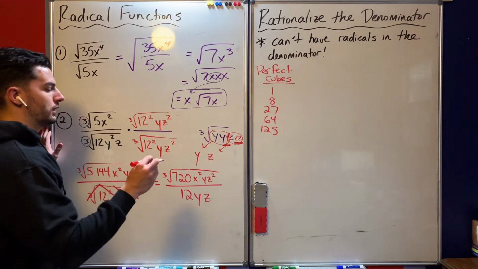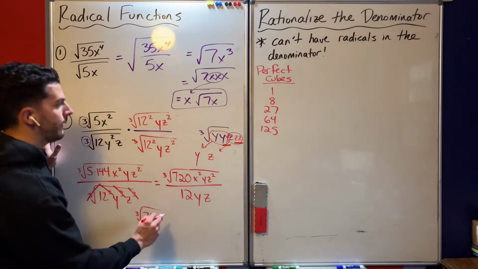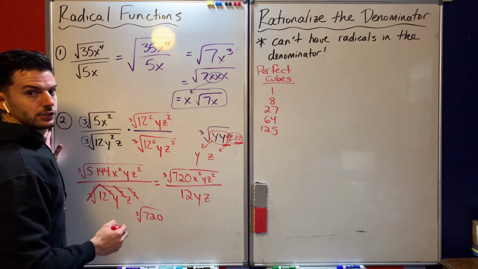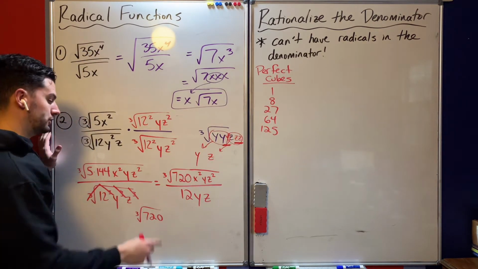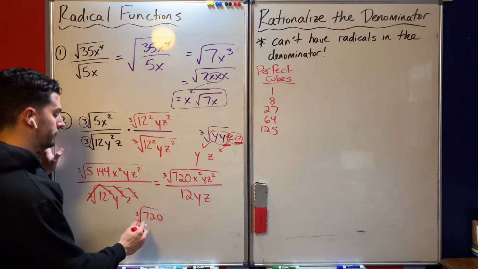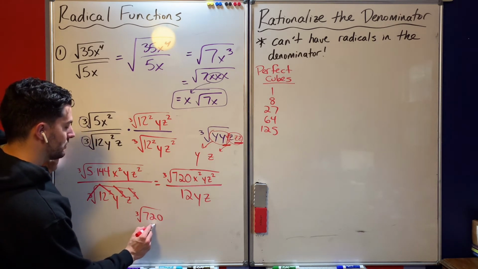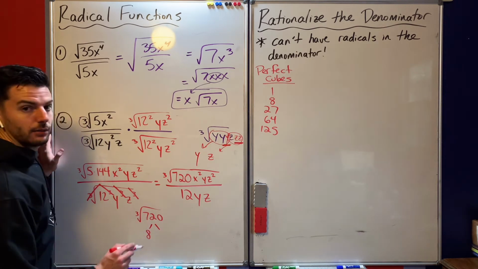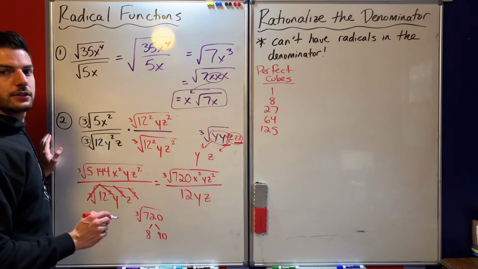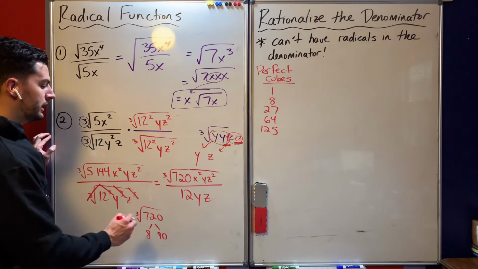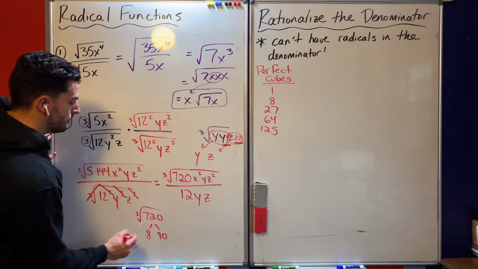With this cube root of 720, could I multiply one of these numbers times something else to equal 720? I know for sure I can with 8, so let me start with that. 8 times what is 720? It'd be 8 times 90, okay? And so 8 is a perfect cube.